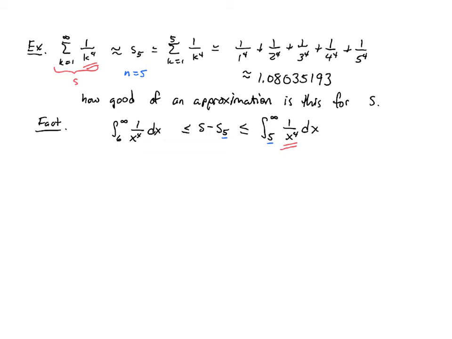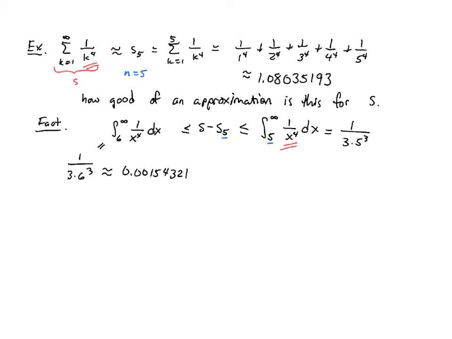And if you write these out, this left-hand integral ends up being 1 over 3 times 6 to the 3, which is approximately 0.0015431, and this right-hand integral is 1 over 3 times 5 cubed.